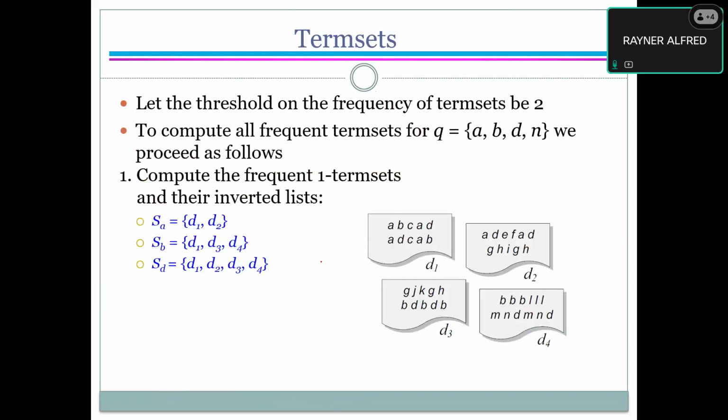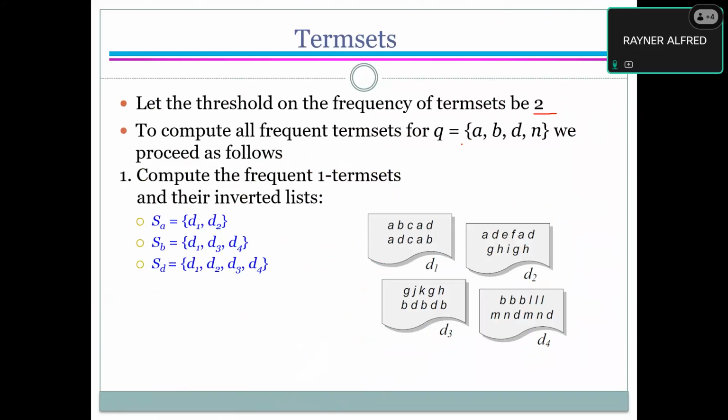Okay. For example, we set the threshold here to be 2. So that means if the number of document is 2 or more, that means that term set is frequent. Okay.